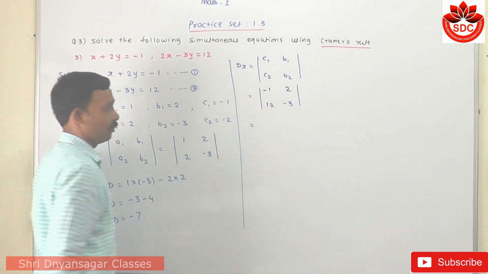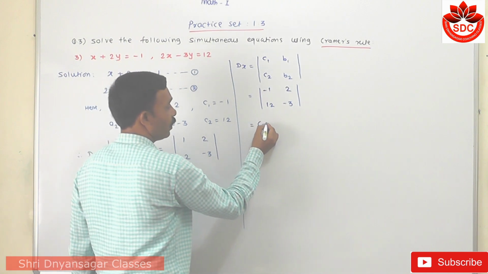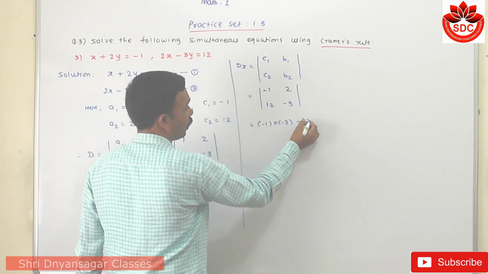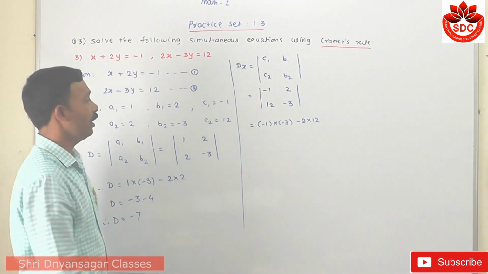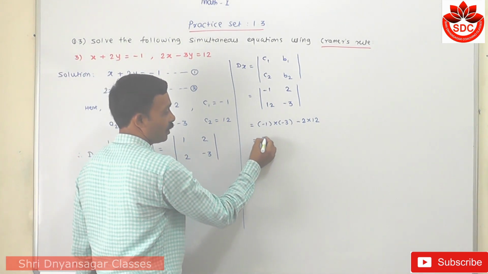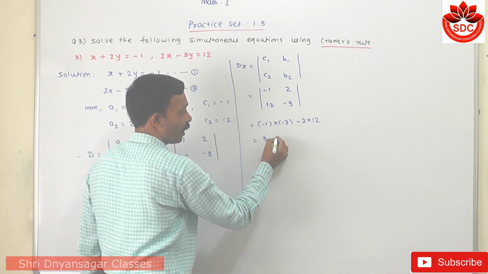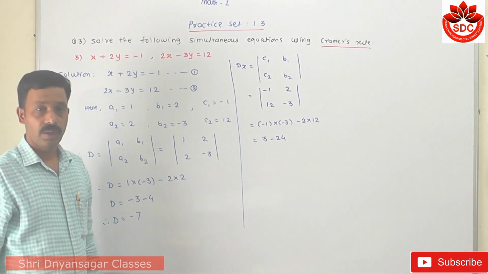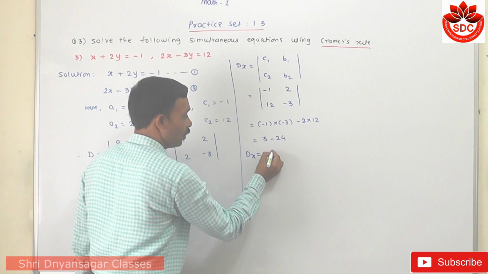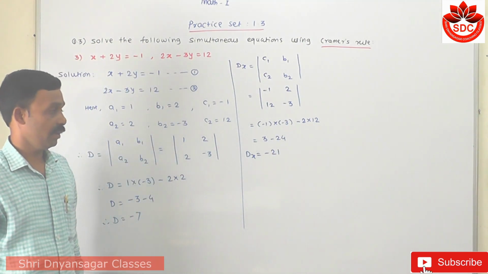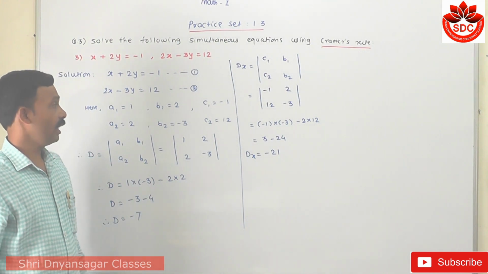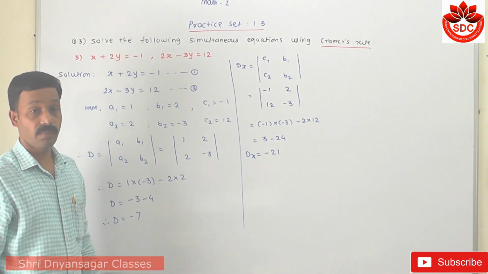The product of it is minus 1 into minus 3 minus 2 into 12. Look here, there is a minus sign for both of these. Minus minus plus, so 3. Then this is minus 24. Now the subtraction becomes how much? Dx is equal to minus 21. Give the sign of the bigger number. Here is the minus sign.